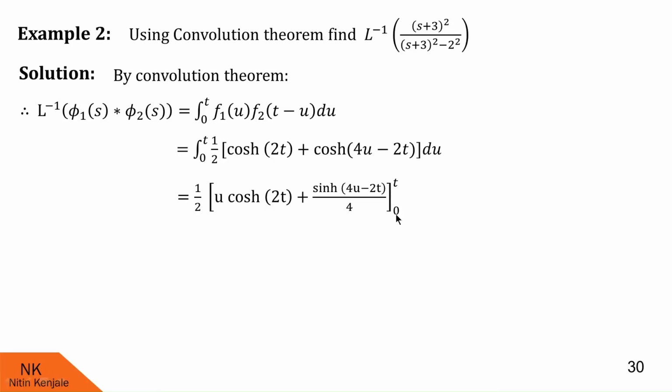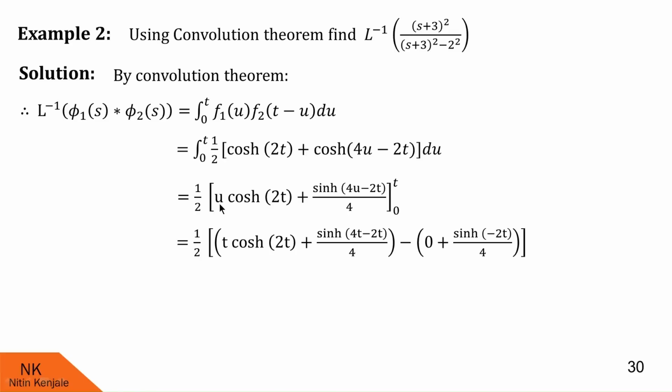Now let us substitute these limits one by one. First the upper one in u. So we get t into cos h 2t plus sin h (4t minus 2t), that is 2t, whole divided by 4, minus, now substitute 0 in u. You will get 0 into cos h 2t is 0, then 0 in u here we get sin h of minus 2t, but sin h is an odd function, so this minus sign goes out, and you will have sin h 2t by 4 in this way.